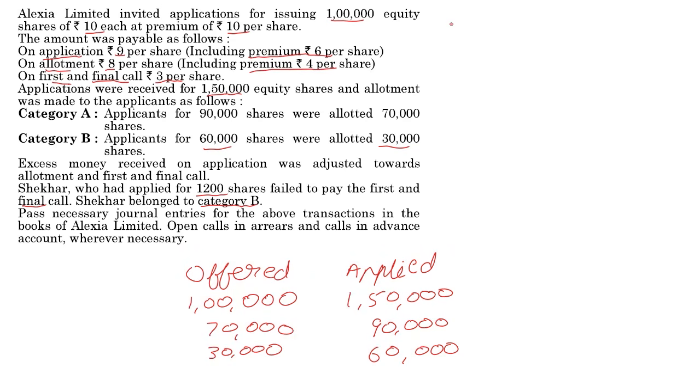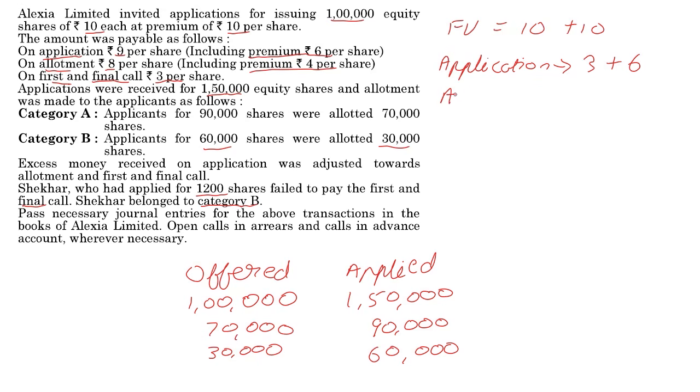Now, I will go over here and write the face value is 10, and at a premium of 10. So it's 10 plus 10. At the time of application, it is 9 per share, including 6 premium. So I can write this as 3 plus 6, because if it's 9 altogether and 6 is premium, 3 will be face value.